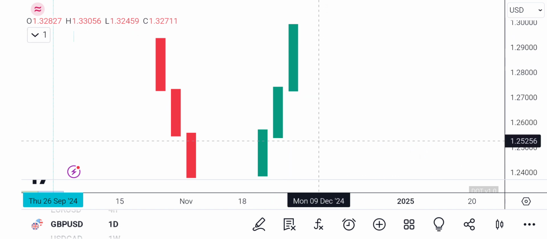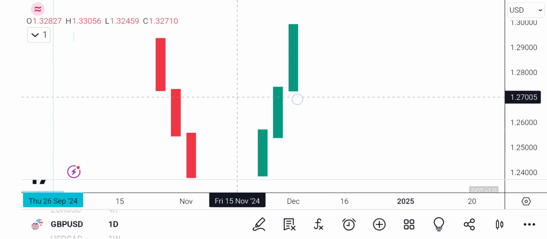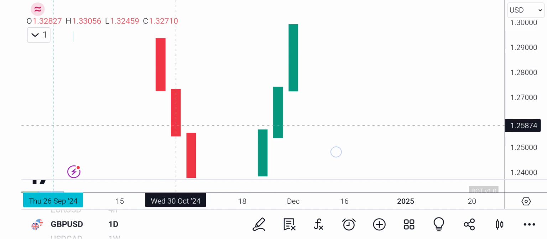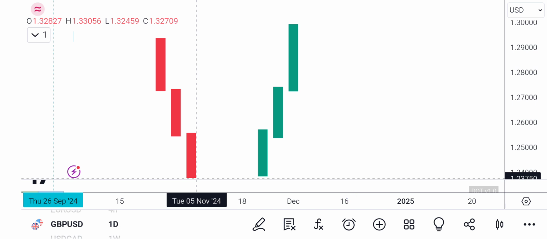So in future, IPDA will have to offer the opposing side of the liquidity to balance up the market, so that the market efficiency paradigm is applied. I hope this is clear. So anytime you see only the sell side being delivered, it means it is a liquidity void.